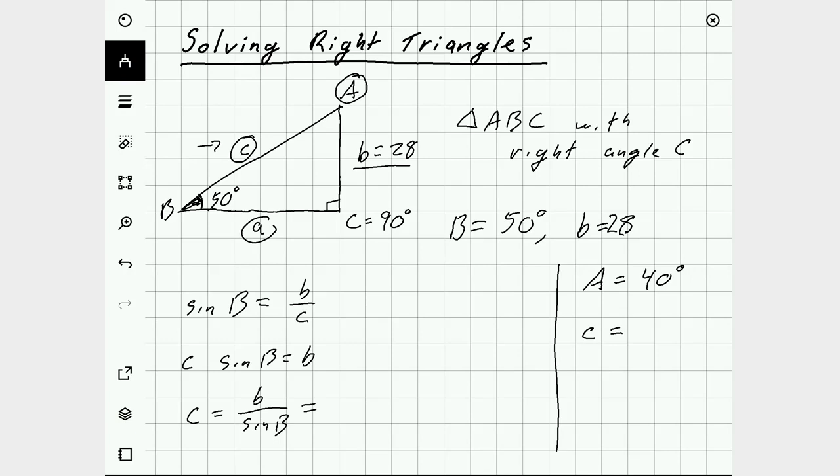We know that little b is 28. We know that angle B is 50 degrees. So if I grab out my calculator, I make sure that my calculator is in degree mode because my angles here are in degrees, and I type in 28 divided by sine of 50.